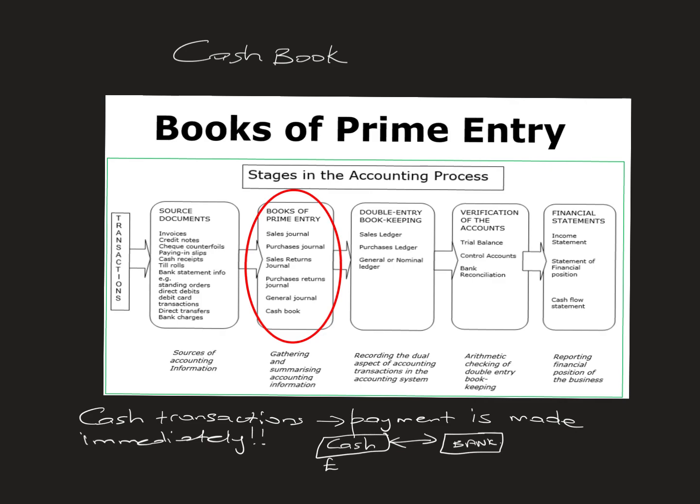So cash transactions would involve pounds and pence, but your bank transactions can come in various ways. So, for example, payment using checks, payment using debit cards or credit cards, bank transfers, and even more modern payment methods such as PayPal, Apple Pay, all of those other methods.